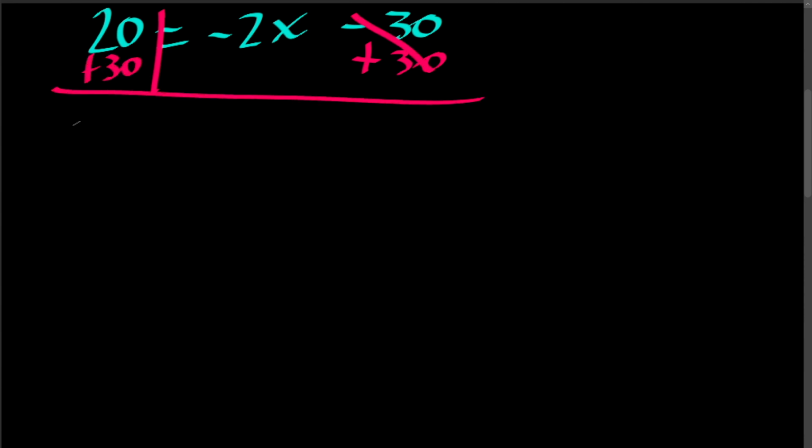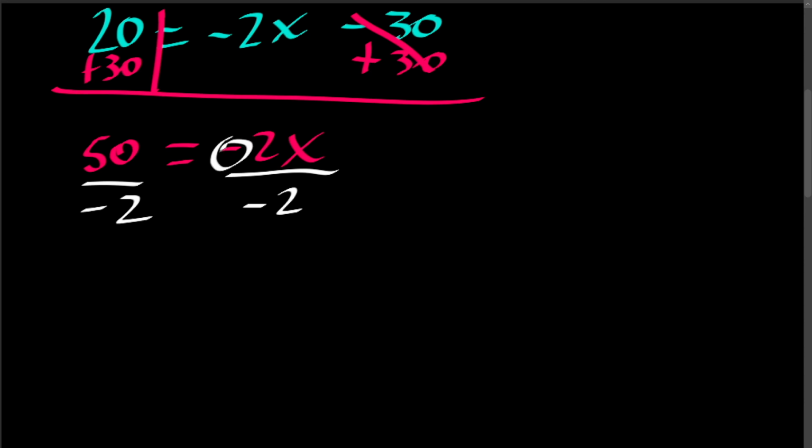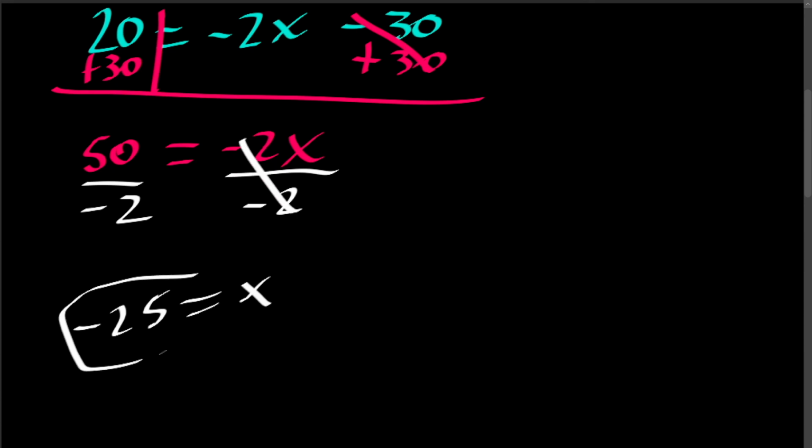Maybe we'll look at that case in a second. All right, so 50 equals negative 2x. How do we get rid of this negative 2 away from x? We would divide. And make sure you notice this is a negative 2, so we have to divide by negative 2. So now negative 25 equals x, and we are finished.